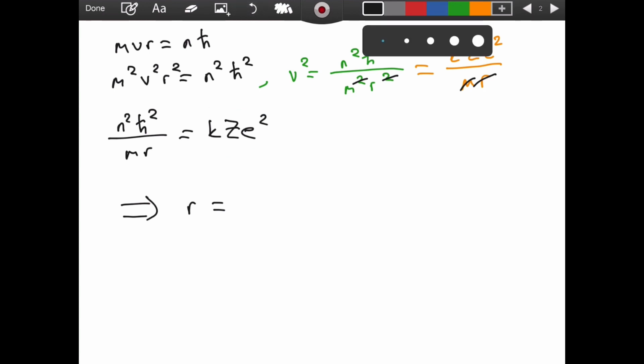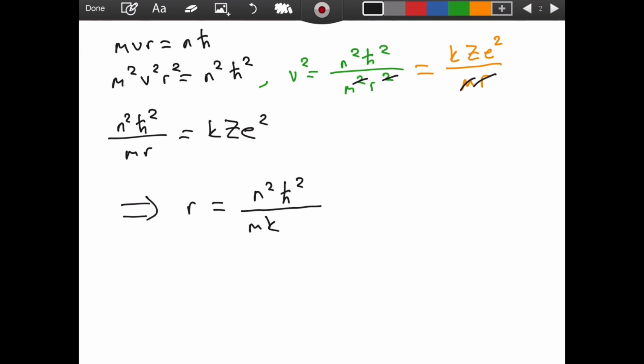I will get n squared h bar squared divided by m k z e squared. Let's see, is this correct? We have this at the top. Yep, this is correct. So this is the formula for r, the radius.